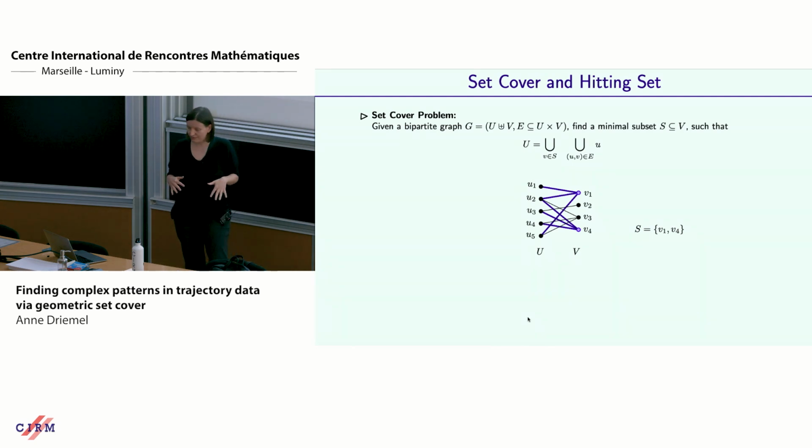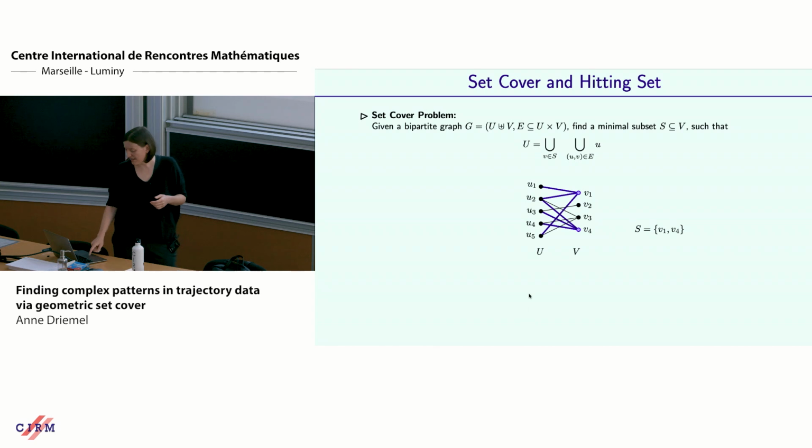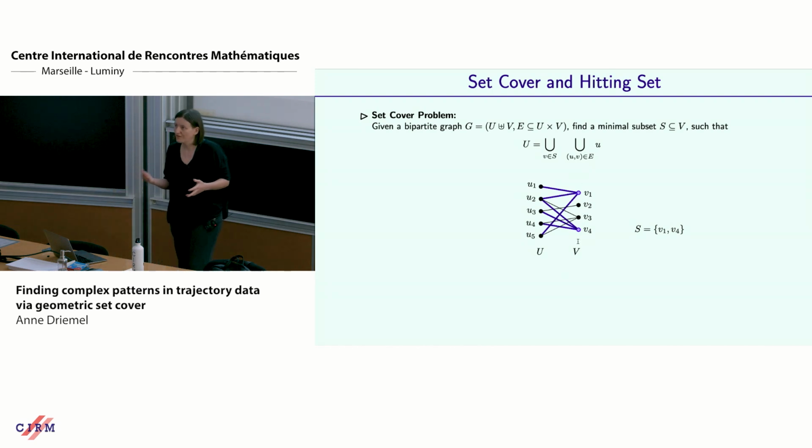So let's go back to first principles and look at the set cover problem. Set cover is one of the famous NP-hard problems that underlies many of the discrete optimization problems we want to solve. You probably know the definition, but just to make sure we all remember it: you are given a bipartite graph, and on one side are the elements of your ground set, and on the other side, the vertices and their connected edges define subsets of the ground set.